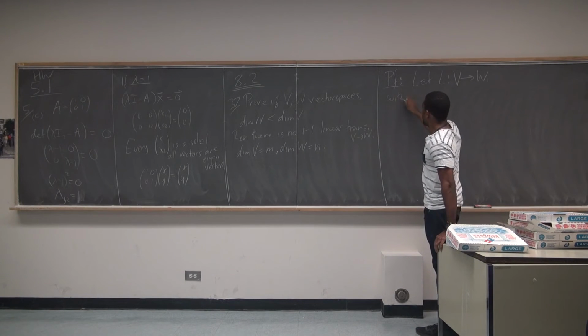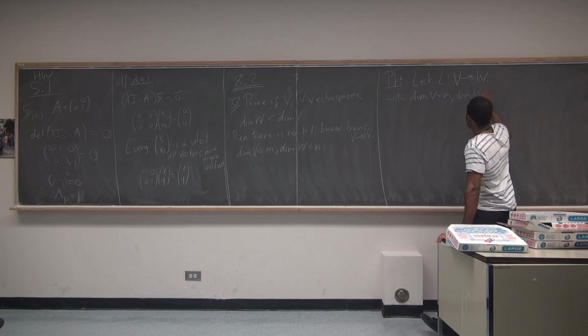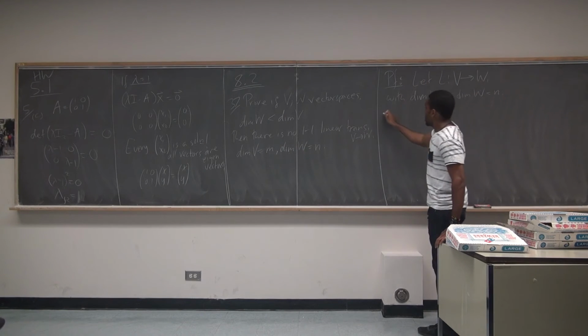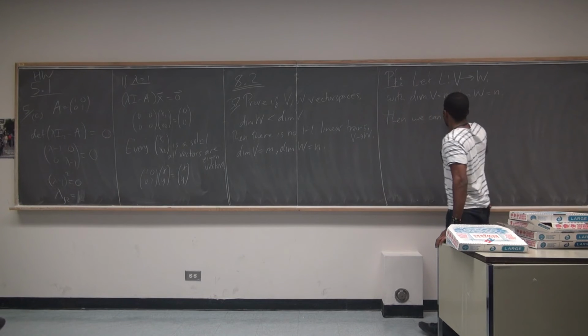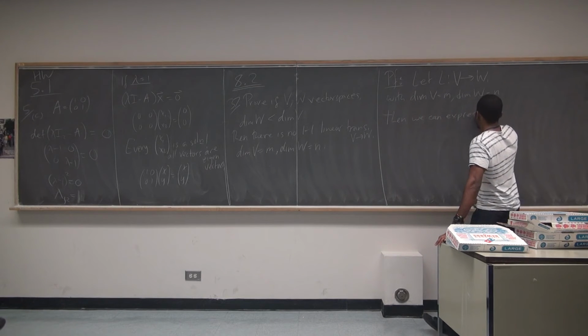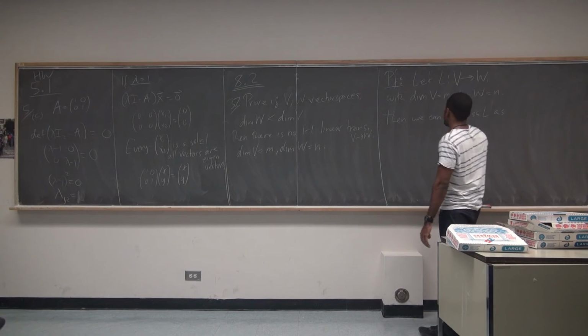With, let's say, a dimension of V equals m, dimension of W equals n, then we can express L as, what do I want to express L as?